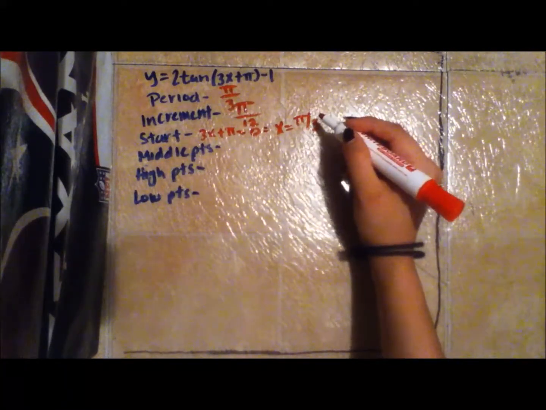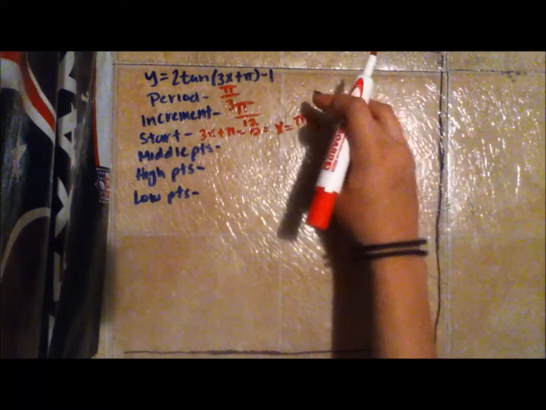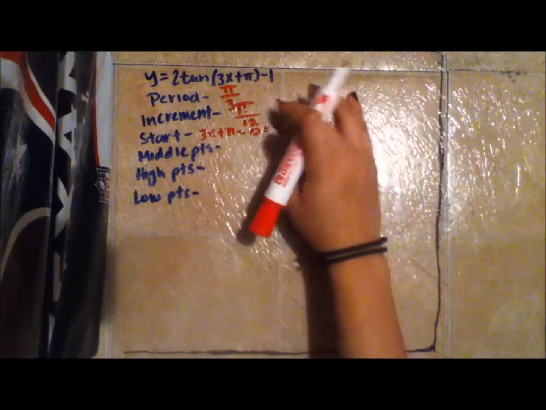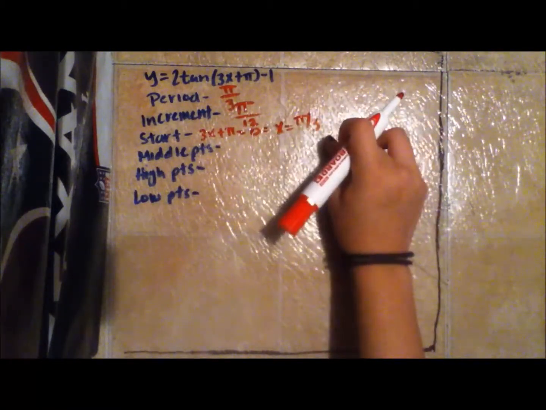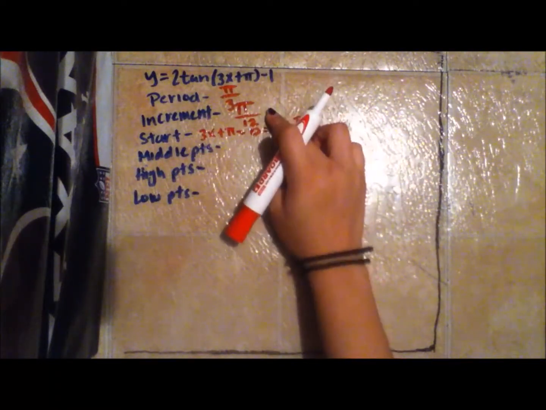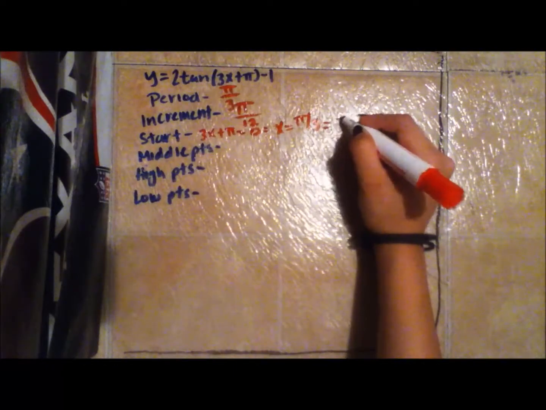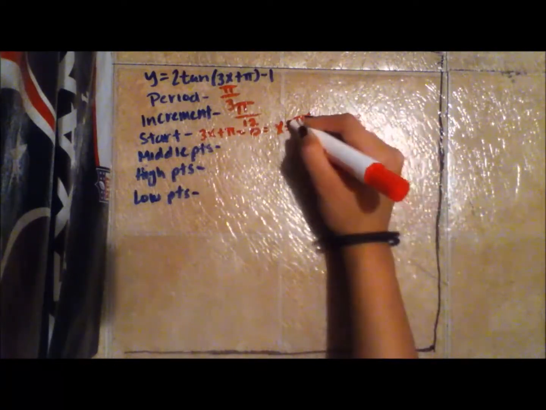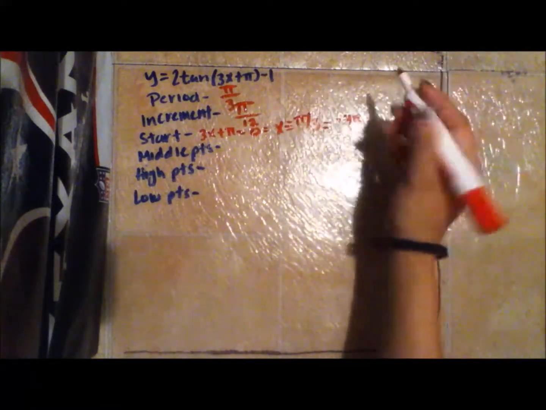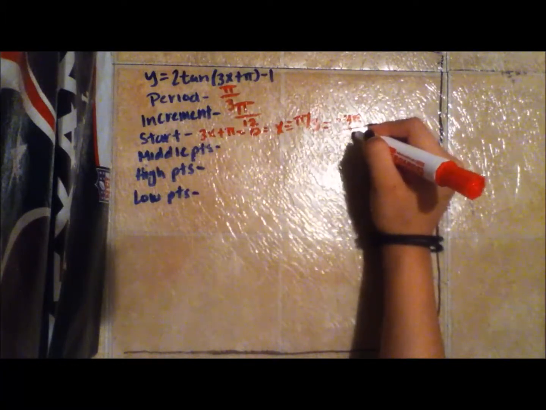We want the denominator of the start to be the same as the increment, so you will change it to negative 4 pi, due to the fact that this was negative pi over 12.